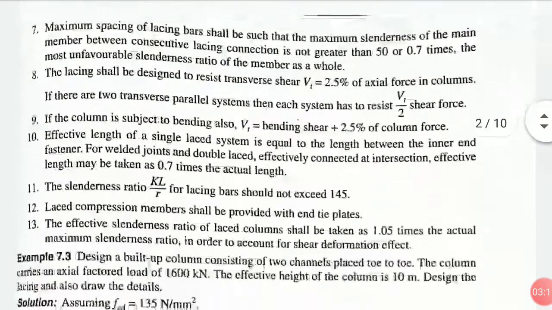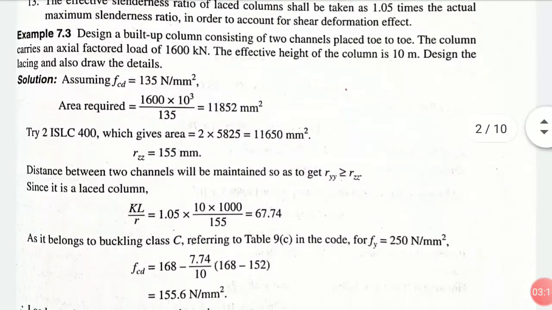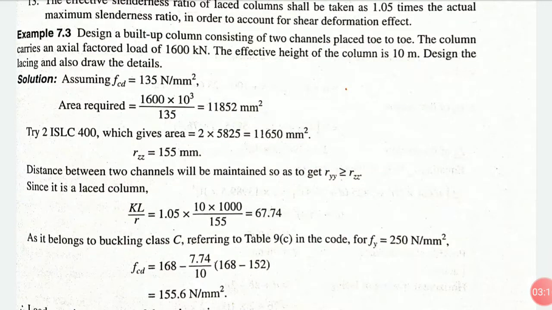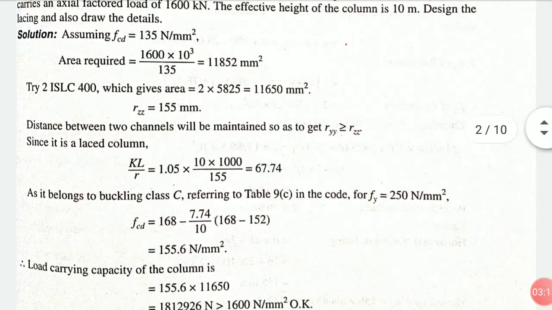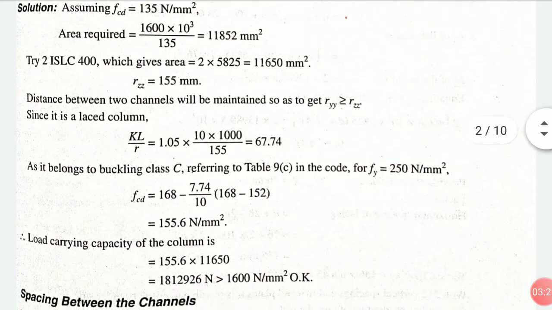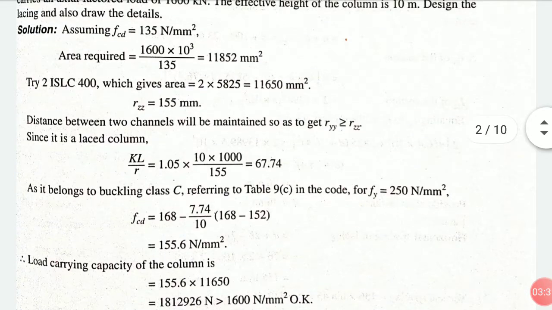Okay, so RXX 145, RZZ 0.05 times the KL by R value.